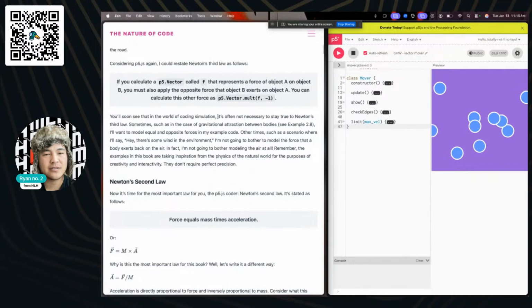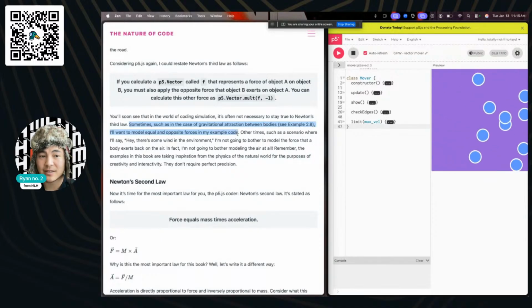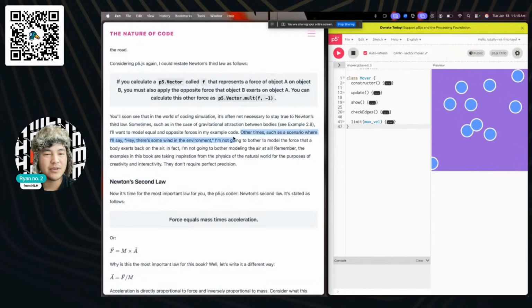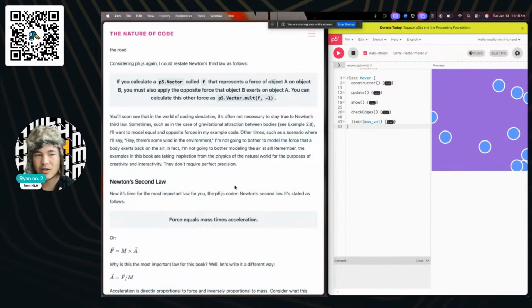It's often not necessary to stay true to this law, such as the case of gravity when we're simulating that. But if we are going to, oh, sorry.